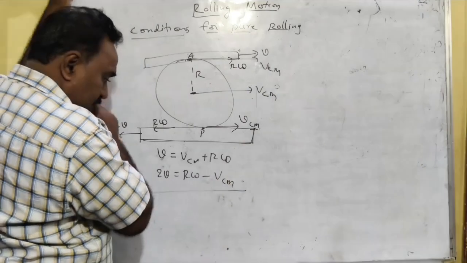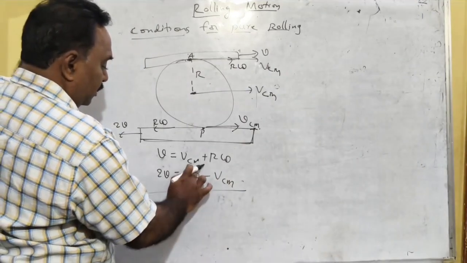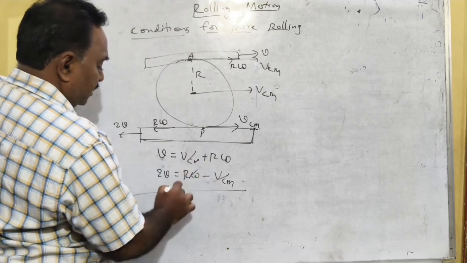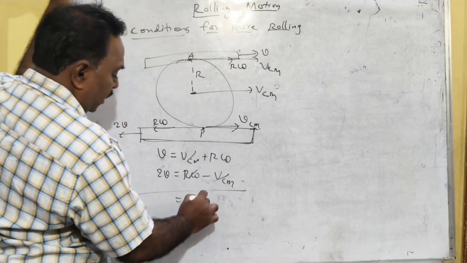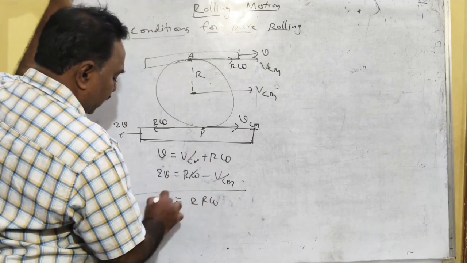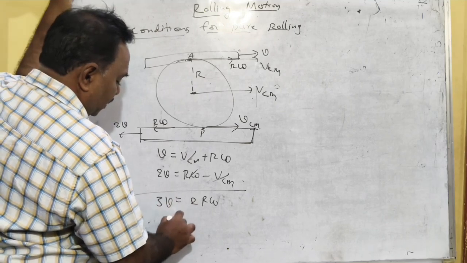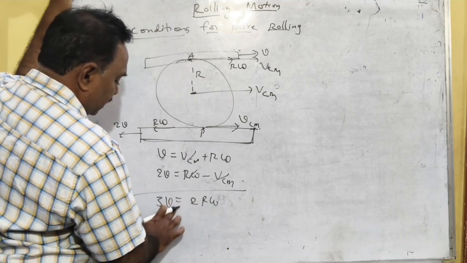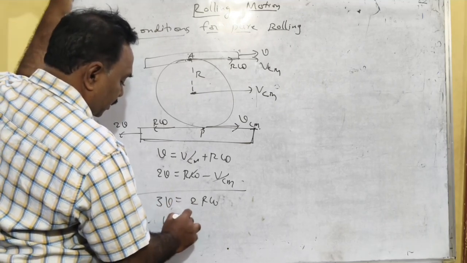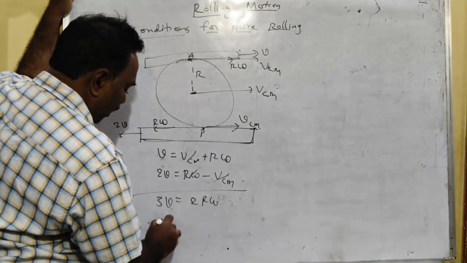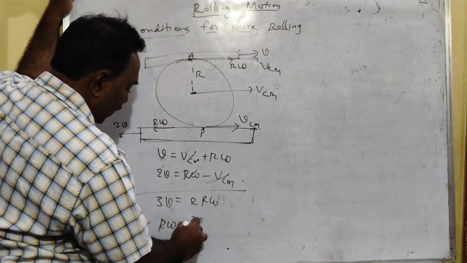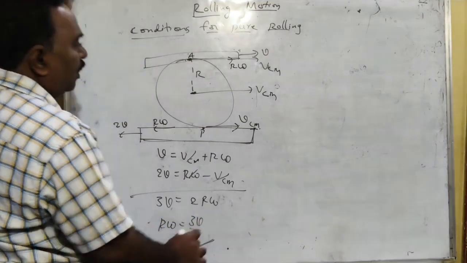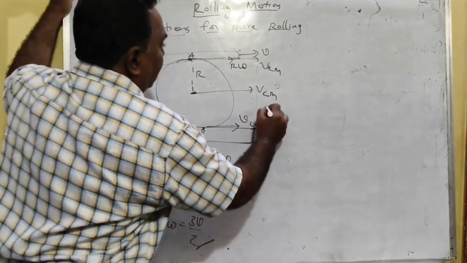After solving, VCM cancels, r omega plus r omega gives 2 r omega, and 3V is equal to 2 r omega. Therefore r omega is equal to 3V by 2. But in the question they are asking what is VCM.